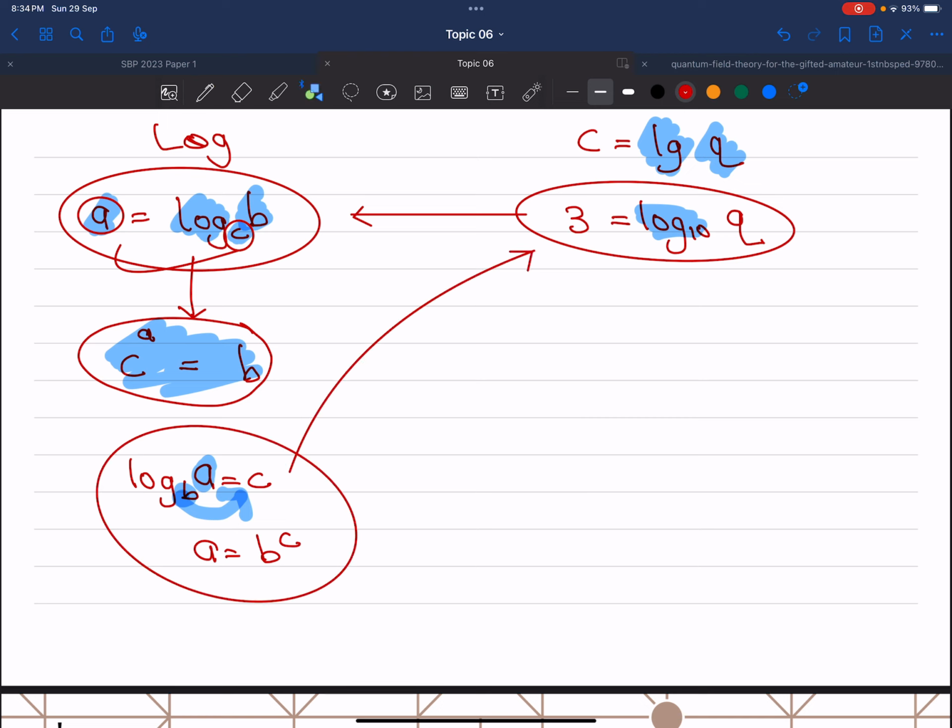So now 3 is log Q base 10. Therefore, I have that Q equals 10 power 3. Of course, 10 power 3 is 1000. Use your calculator. And I have my Q, which is our answer.